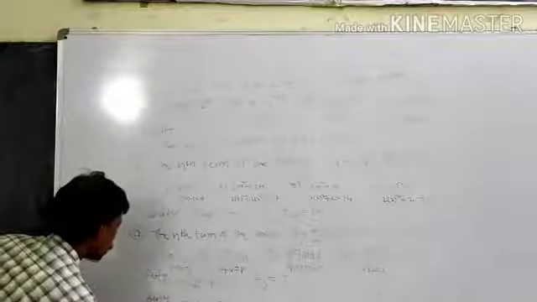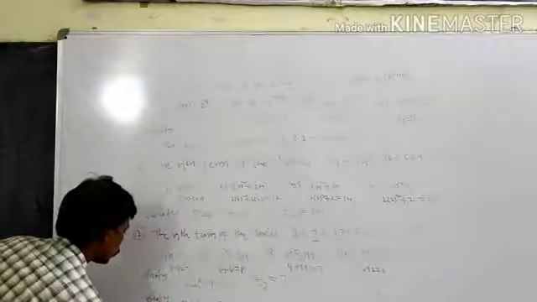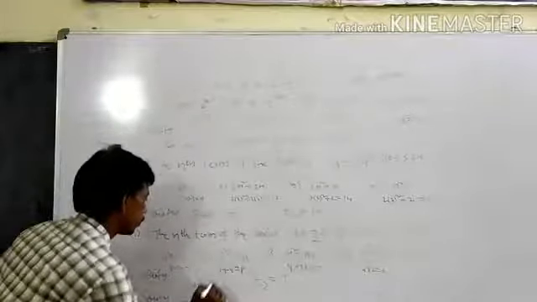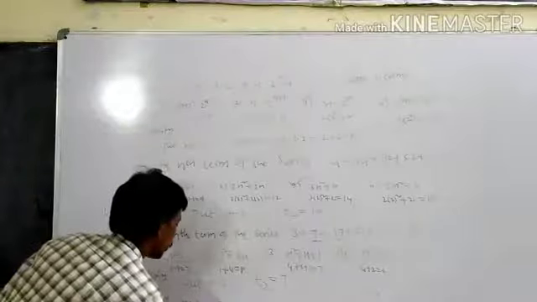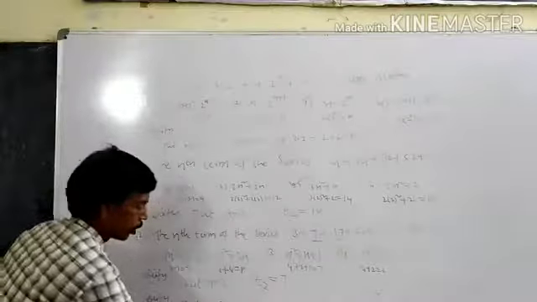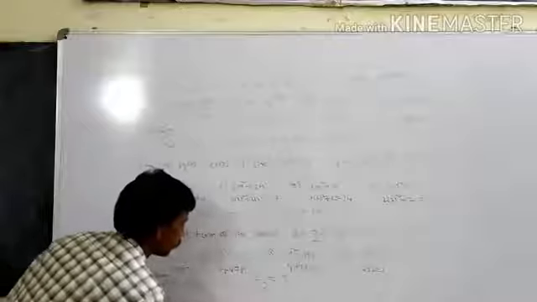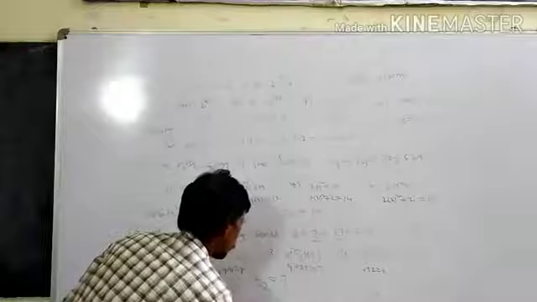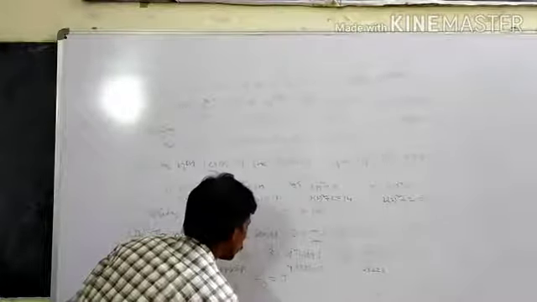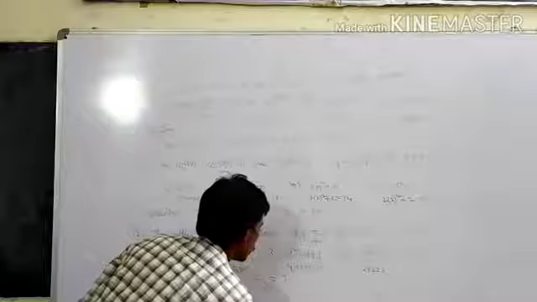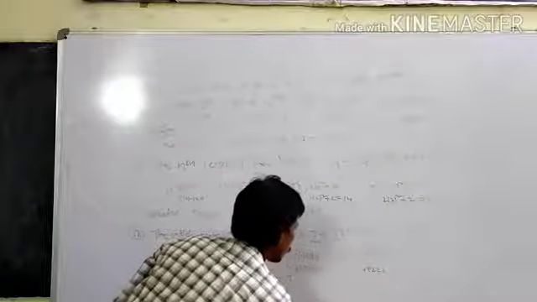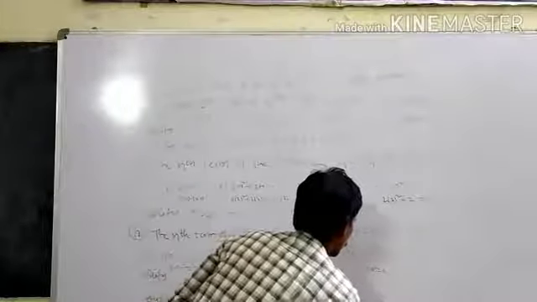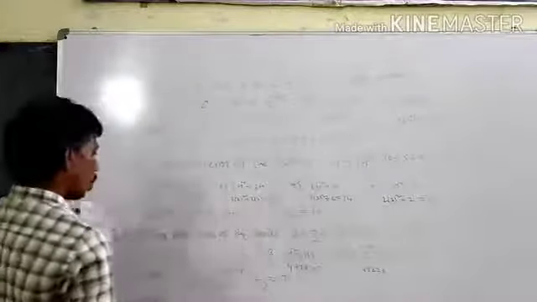The first option is 4 into 3, 12, minus 1, 11. 3 square 9 plus 2 into 3 is 6, that is 15. Third option: 3 square 9 plus 3 plus 1, that is 13. Fourth option: 3 square 9 plus 2, 11. So the third option is the right answer.